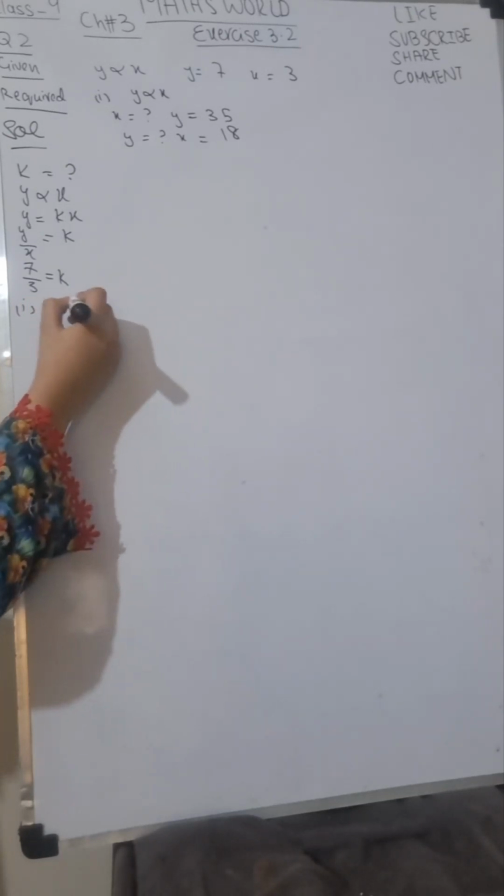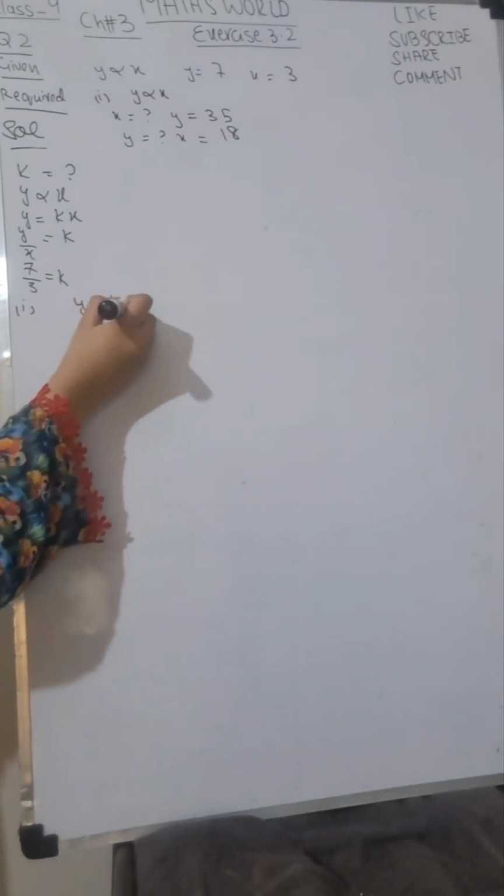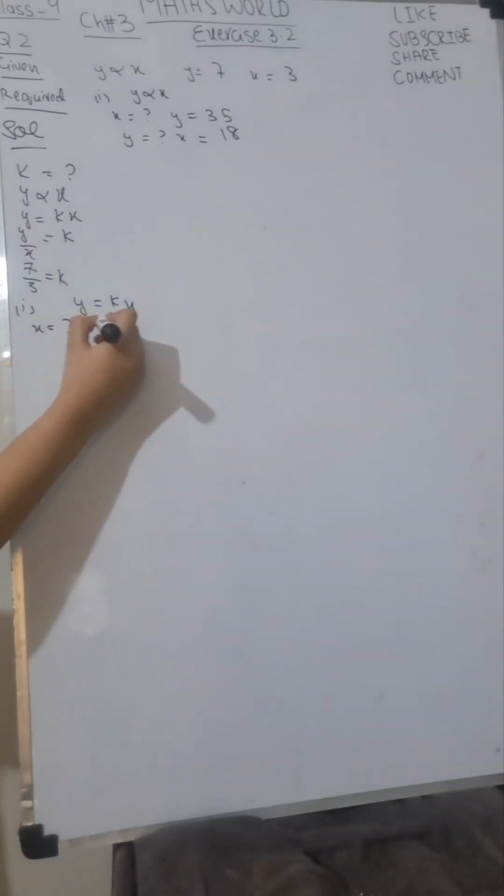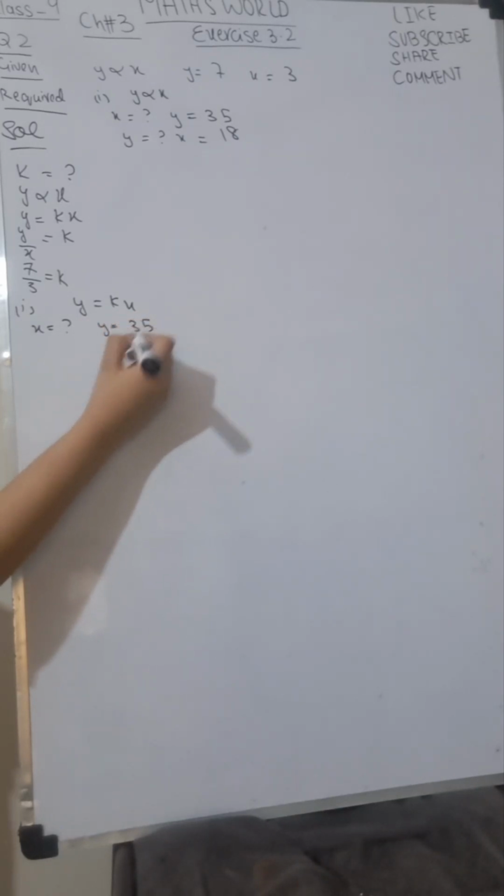Now find the other values, like part number 1. You have the same equation, y is equal to kx, and you are going to see what the values are. x is not given, and y is equal to 35.